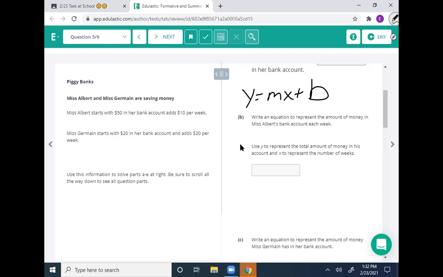M is our, we're looking at more broad though. Nope, that's our b. M is our slope, or our rate of change.